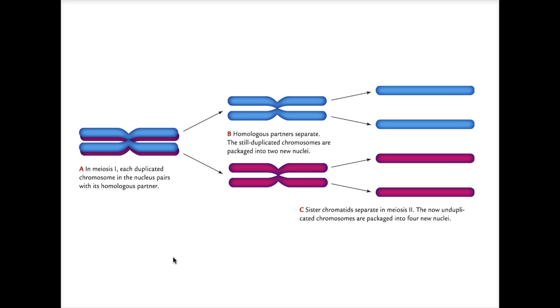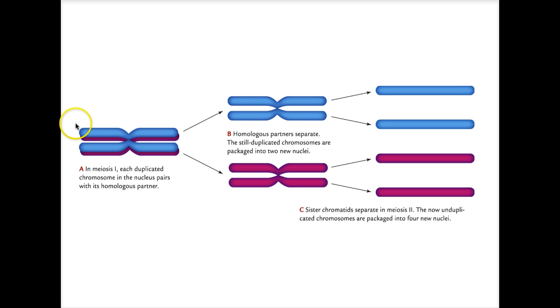We did that with mitosis, we do that with meiosis. So in this illustration, we have a blue chromosome, one double-stranded DNA, and another blue chromosome, another double-stranded DNA. They are held together at the centromere.